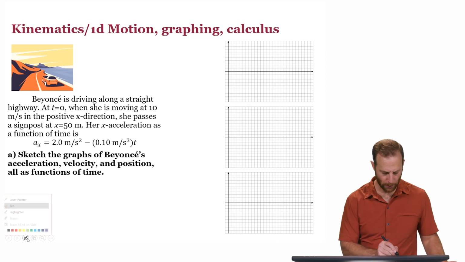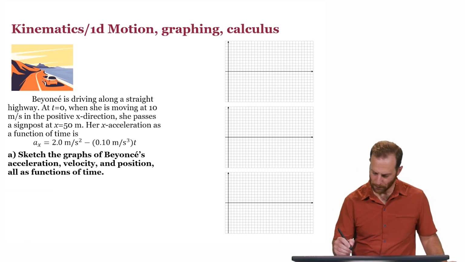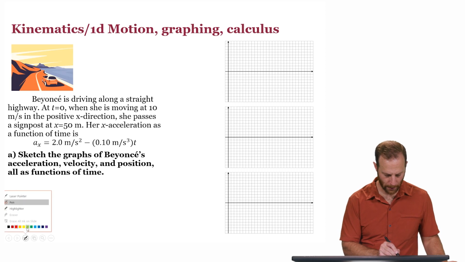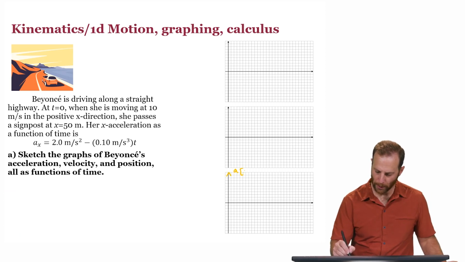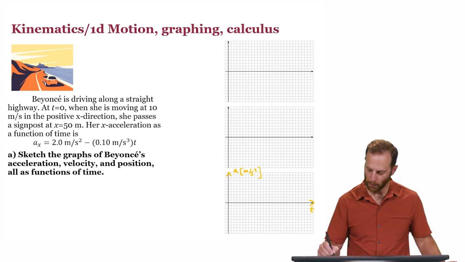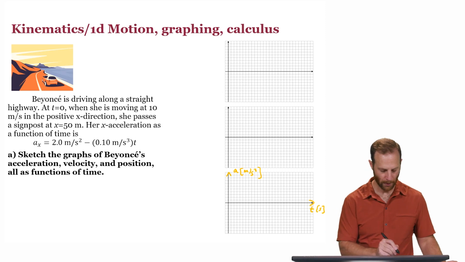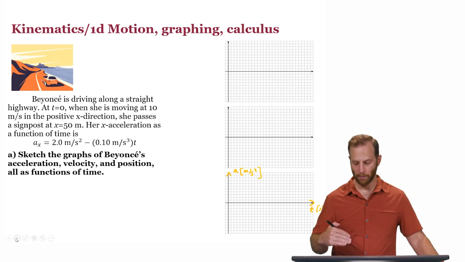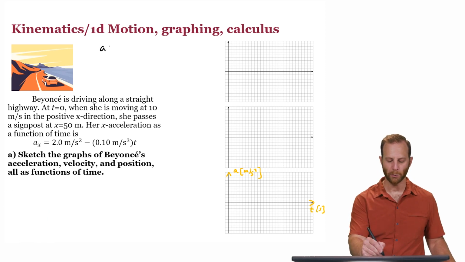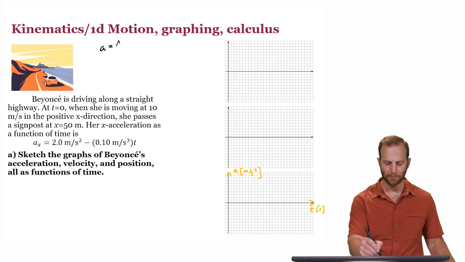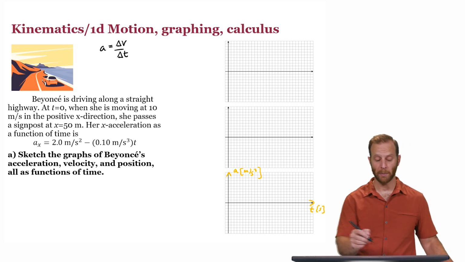What I'd like to do is begin by marking the acceleration here. Acceleration should have meters per second squared as the units. The time will be here in units of seconds. And what I'll do is work my way from the bottom to the top. The acceleration is related to the velocity in this way. Over short periods of time, the acceleration can be thought of as the change in velocity divided by the change in time.